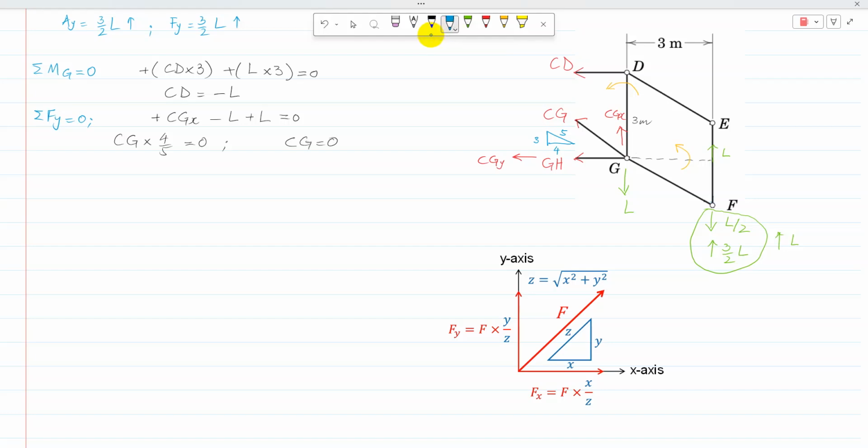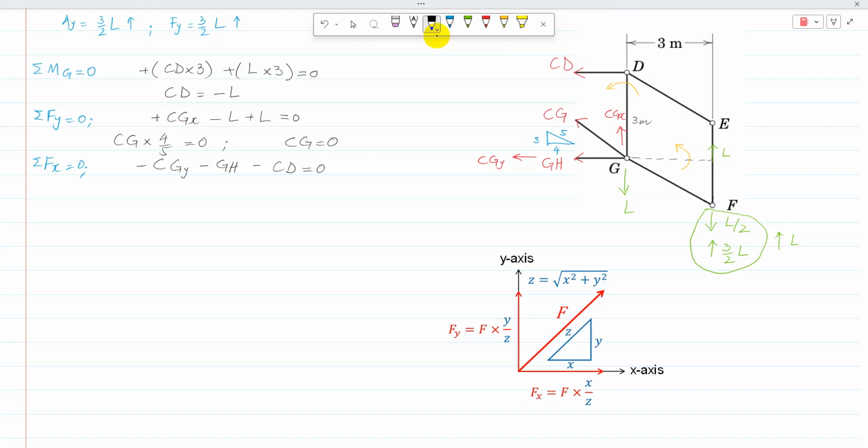And next, I'll apply sigma Fx equal to 0. First, CGY is acting in the negative y-axis. Next, GH is acting in the negative y-axis, and CD is also acting in the negative y-axis.